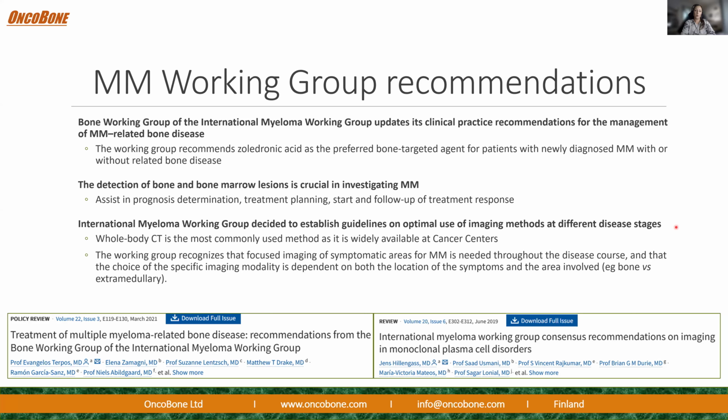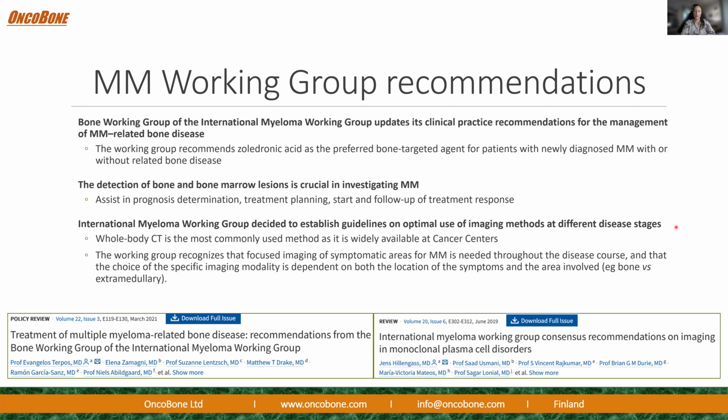The working group also acknowledges that the detection of bone and bone marrow lesions is really important, and it is needed to provide prognosis, also in regards to treatment planning, start and follow up of the treatment responses.